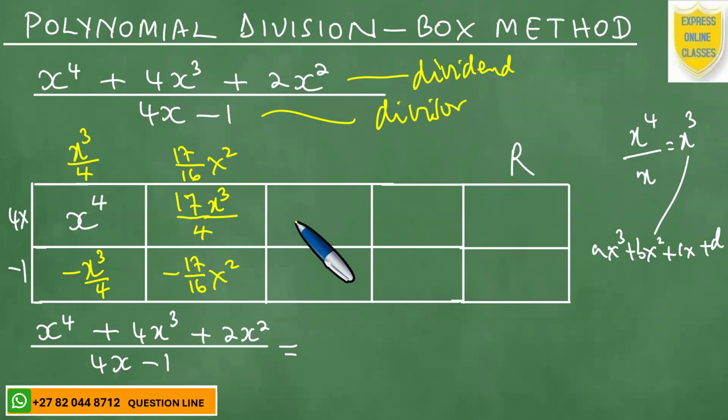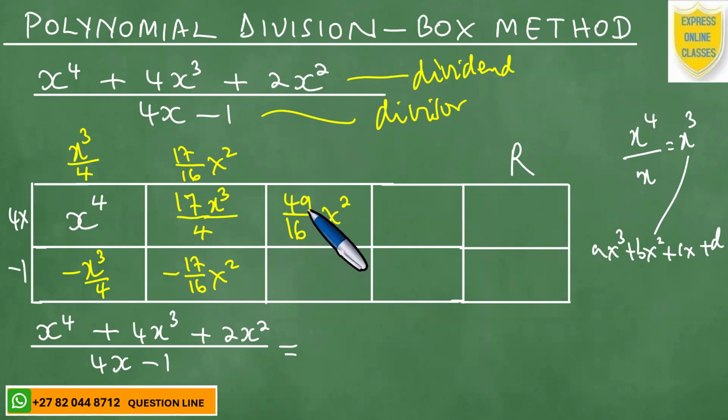Now we need to put a term here such that the sum of this term with this would give us exactly 2x squared. What term will that be? It will be exactly 49 divided by 16 x squared, because 49 minus 17 is 32, and when divided by 16, you get exactly 2 there.